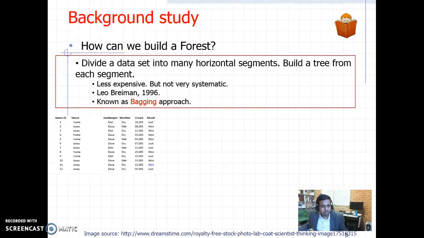How do you build a forest? I will quickly introduce an existing approach called bagging. And say, for example, this is your dataset, and when you want to build multiple trees from this dataset, one simple and straightforward approach can be, you can have multiple bootstrap samples of the dataset. How do you prepare a bootstrap sample of the dataset?